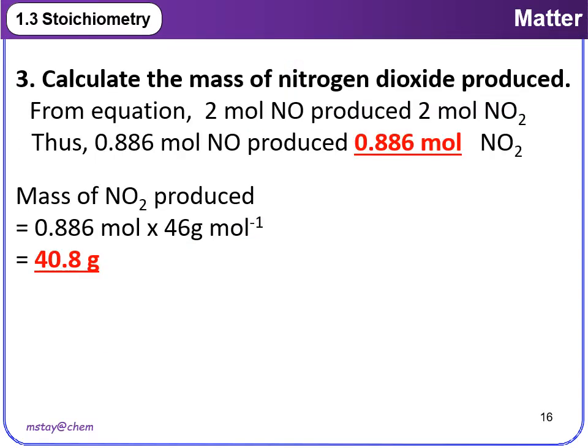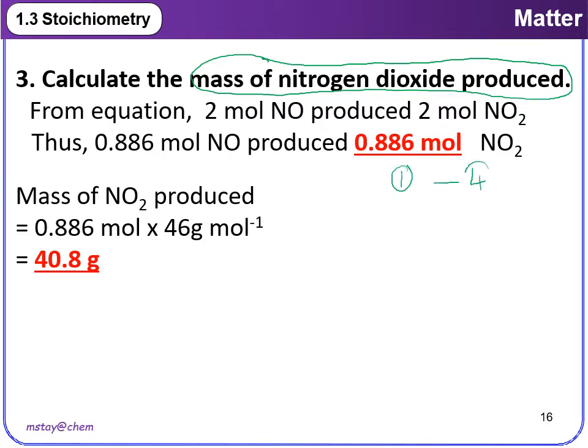Question number 3. Calculate the mass of nitrogen dioxide produced. If you still remember, in the previous slide, we already went through step 1 up to step 4. So basically in this question, we are going to use step number 5, where we want to determine the number of mole. However, we still need to do comparison. Because in the previous slide, there are two numbers of mole, which one are we going to choose to do comparison?